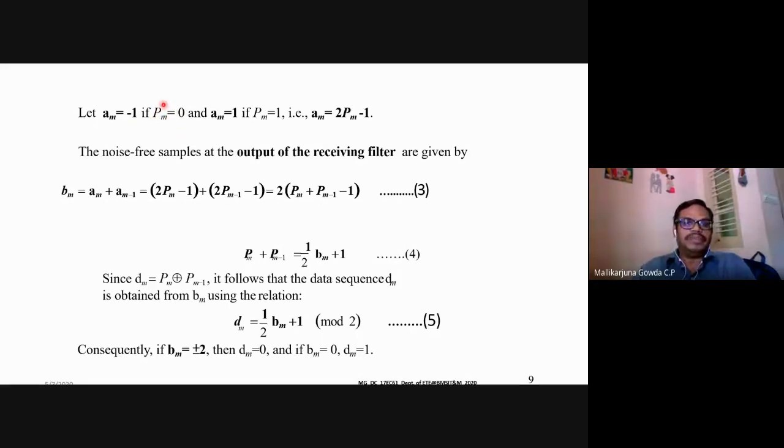If Pn is 0, I'll get A suffix n as -1. And when Pn is 1, I will be writing An as 1, right? So based on that, I write here.